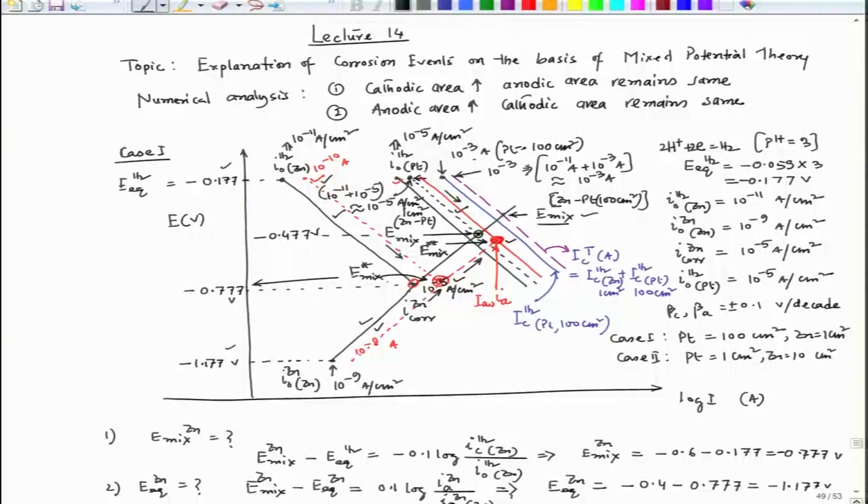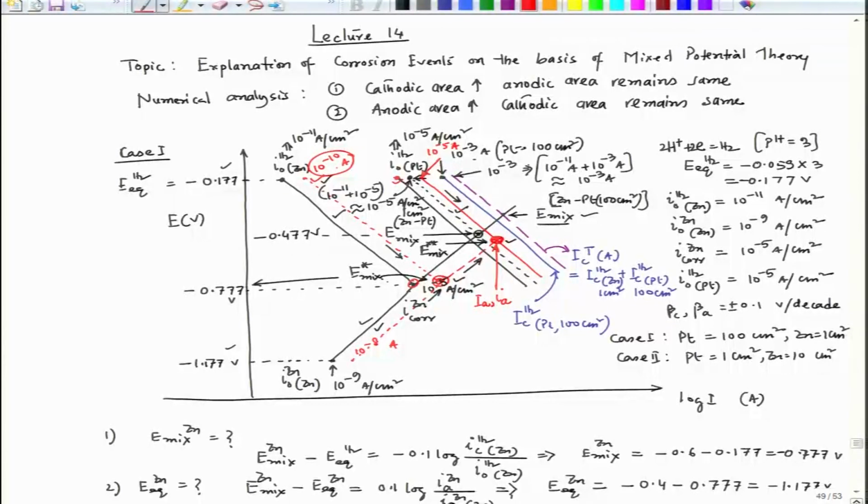Now, we have already found out that this point will be 10 to the power minus 5 ampere only, because if we add this value and I0 when platinum is 1 centimeter square, which is this point, correspondingly capital I0 would be the same value, because we are not changing platinum area.